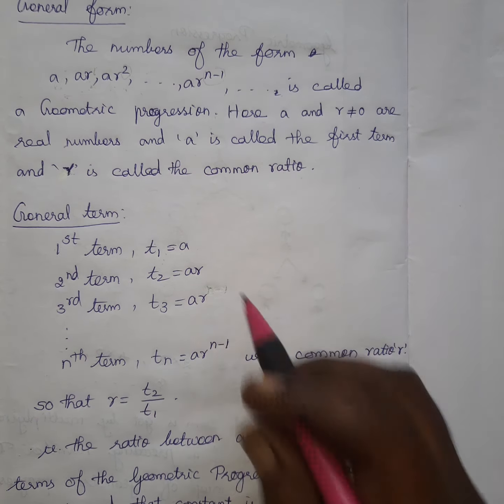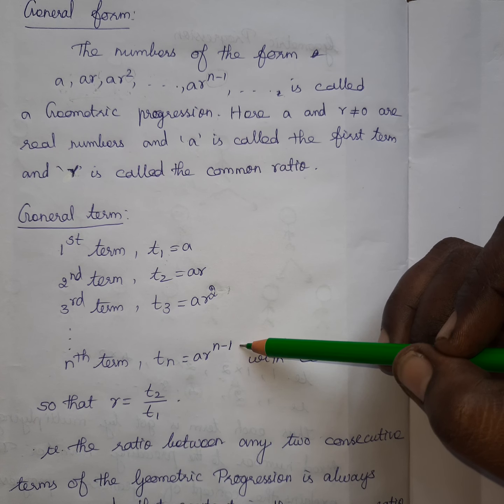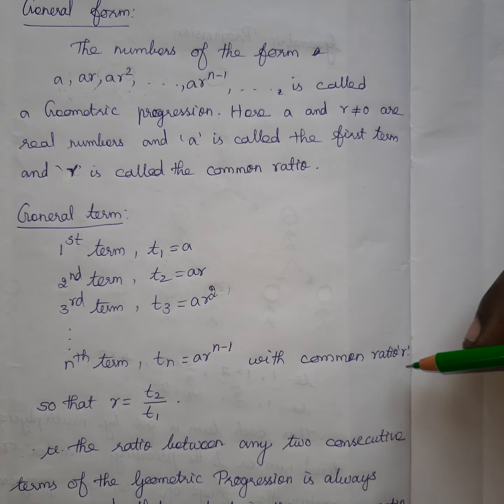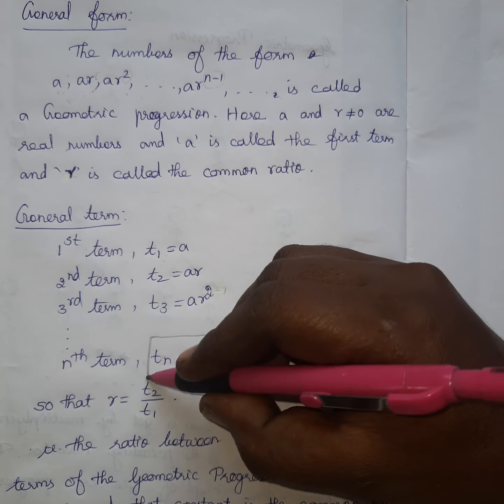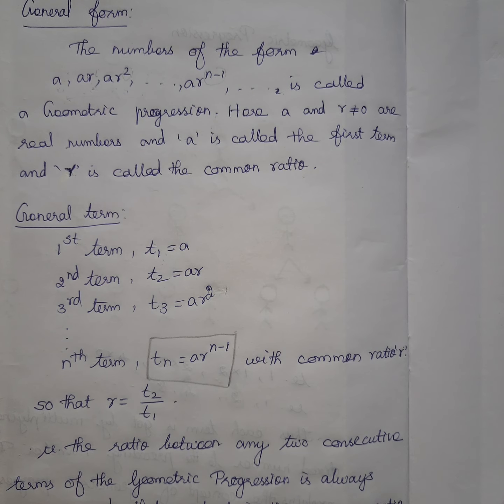Like this way. What about the nth term? a r power n minus 1, with the common ratio r. So how can we write the Tn value? It is a r power n minus 1. It is the nth term, it is the general term. The general term in the geometric progression is Tn equal to a r power n minus 1.